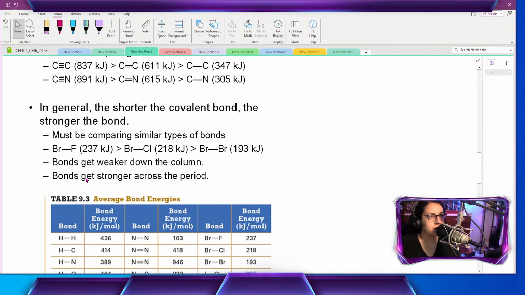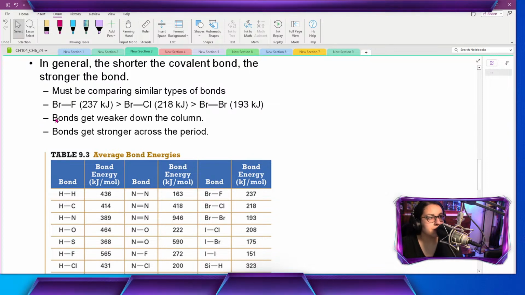Bond length also plays a factor. Even in our single bonds, this is more of a radius effect. If we compare fluorine and bromine, fluorine has a smaller radius compared to bromine, and so that means the bromine bond is slightly weaker.